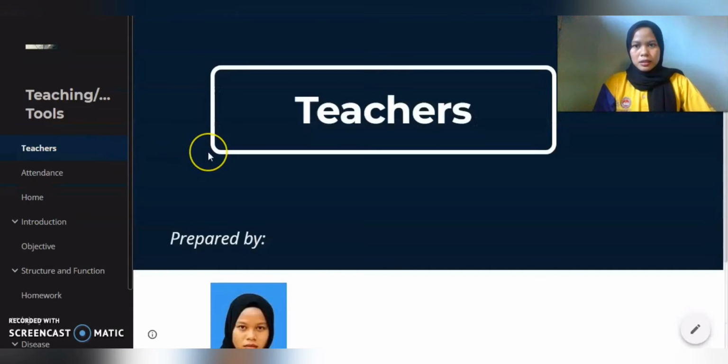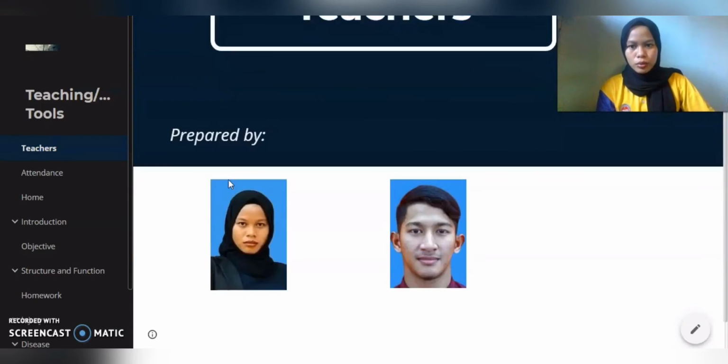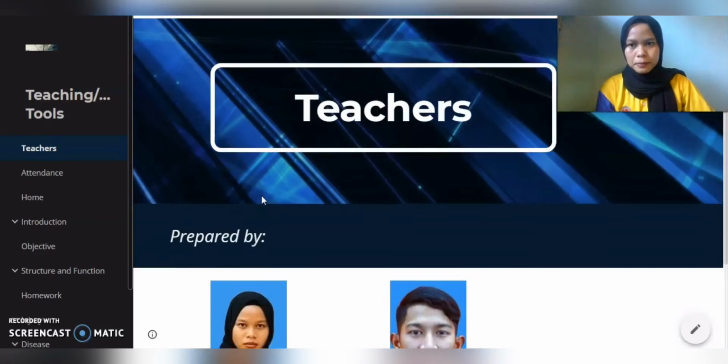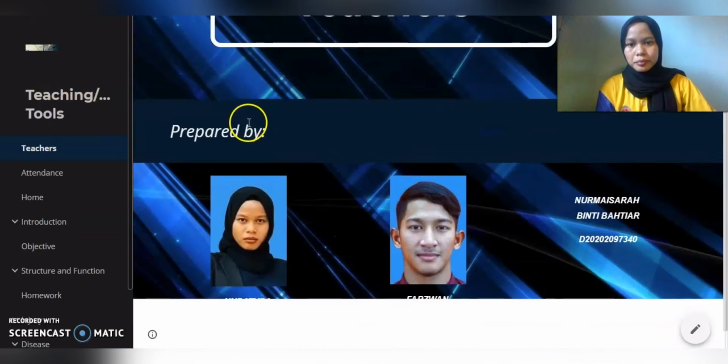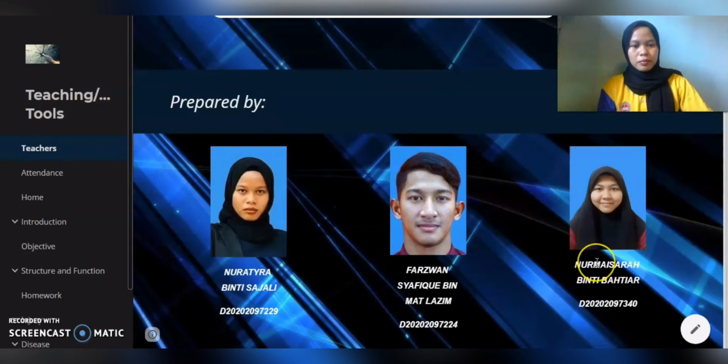The teachers are who prepared the Google site together. Here is me, Nuratira binti Sajali, my friend Fazwan Shafiq bin Matlazim and Nurmaisara binti Bahtiar.